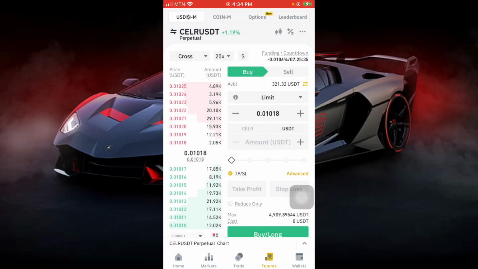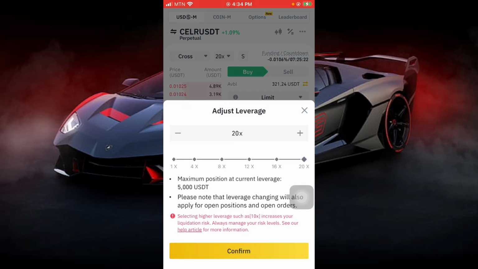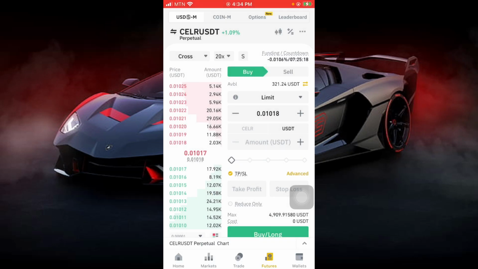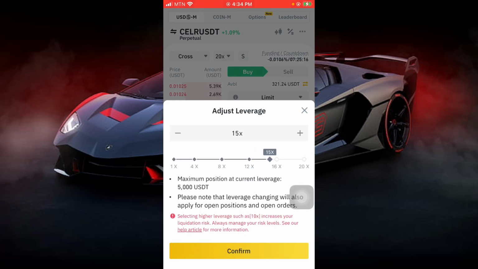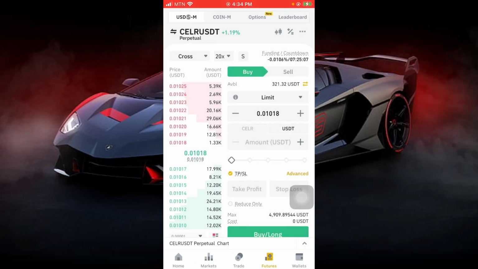If you have a balance, you can see just below the buy and sell, we have 32. That's my margin balance. If your balance is less than $50, reduce this cross 20x to 16 or 15. You can reduce it by clicking this arrow button, dragging it. You can see adjust leverage, so we can just reduce it to 15 or 16. Don't leave it at 20.